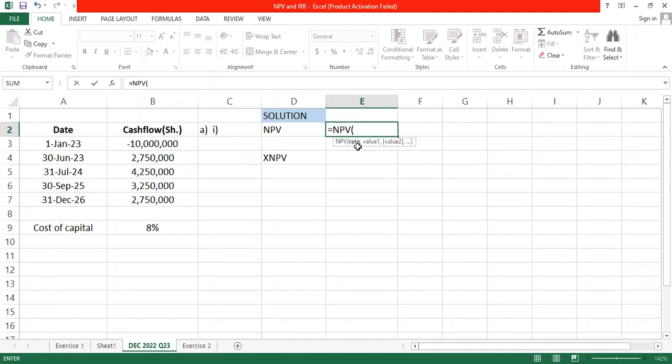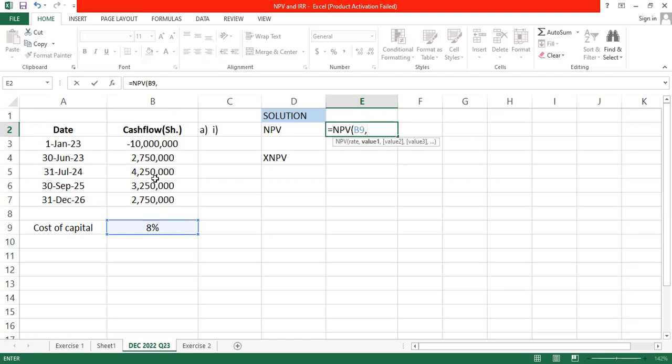Down there, Excel says that start with the rate. So I pick the rate of 8%. Then I do a comma. It then says that you pick value 1, value 2, value 3, and so on, to the last value. I said that the values are the cash flows.